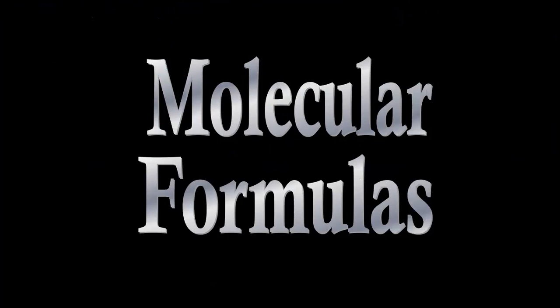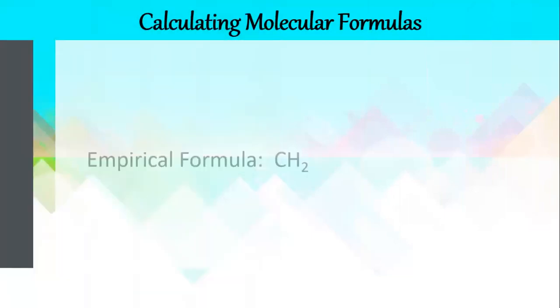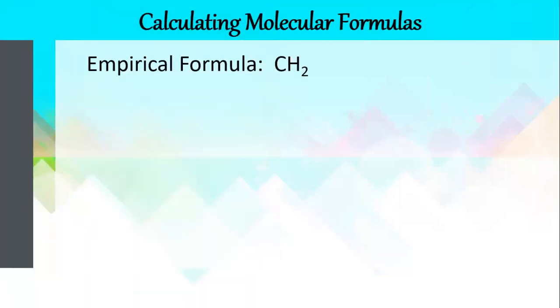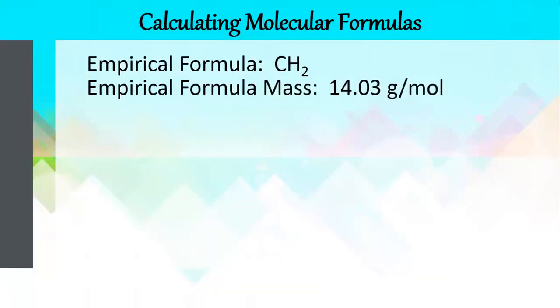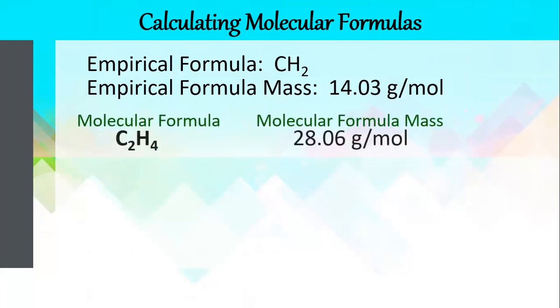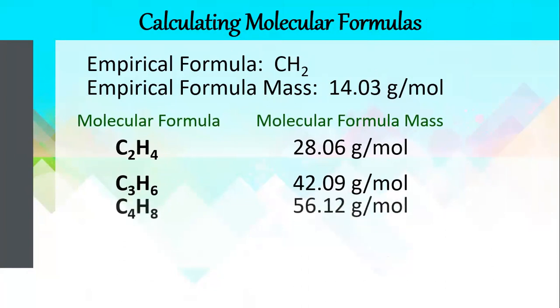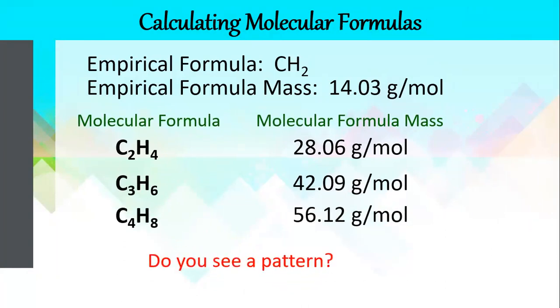Okay, so now let's move on to how to find the molecular formula given the molar mass of the compound. Try to analyze this set of empirical formulas. We have the empirical formula CH2 with the empirical formula mass of 14.03 grams per mole.